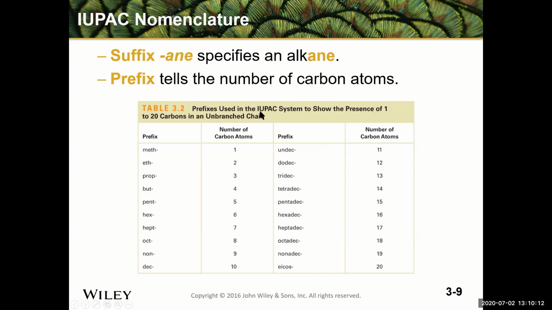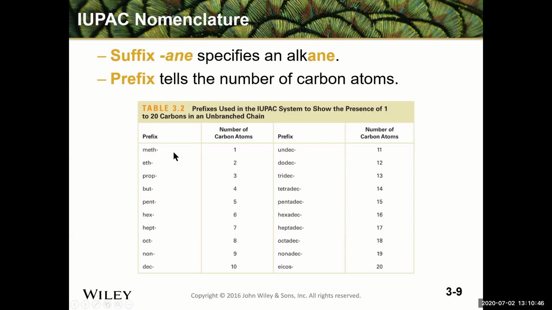If you have straight chain alkanes, well, not only straight chains, you have to designate an organic compound that's an alkane. The name will end with the ane suffix. So ane specifies the alkane, and then a prefix tells us the number of carbon atoms.